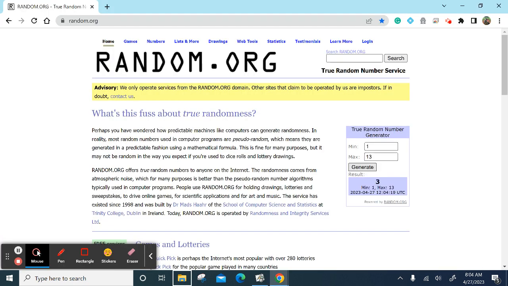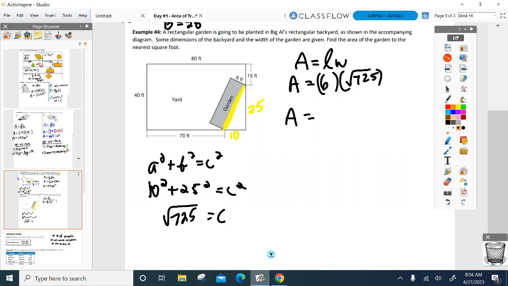What do you got here? When you're ready. It says it's the nearest square foot. Sorry, nearest square foot. Thank you. 162. Darn right. Thanks for putting me in my place.